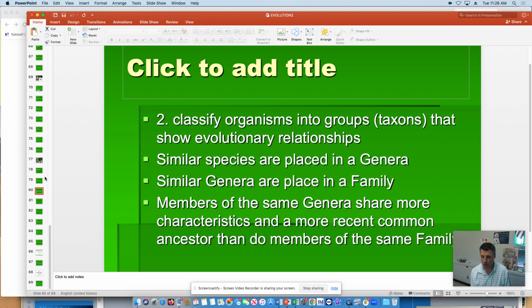So it goes from, depending on how we look at it, if we start with species, that's very exclusive, meaning only this one type of organism is in this group. Only this one type of organism is in this particular group, is in the club.